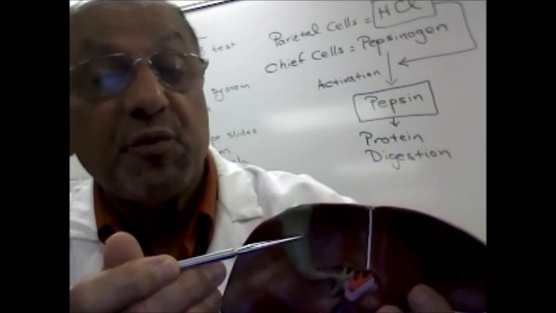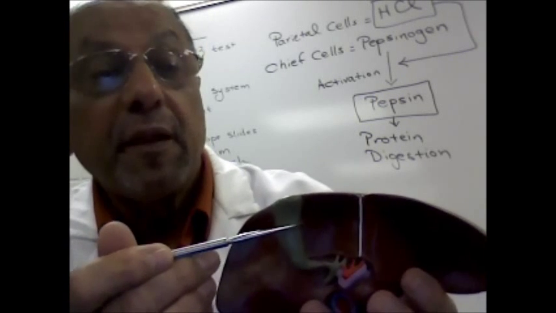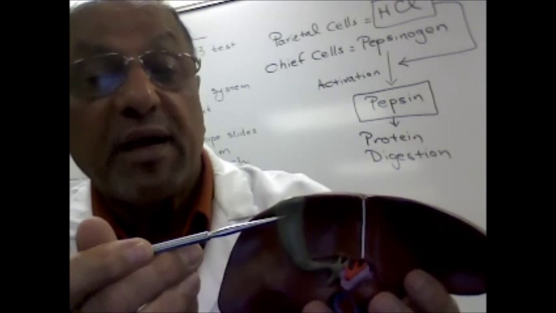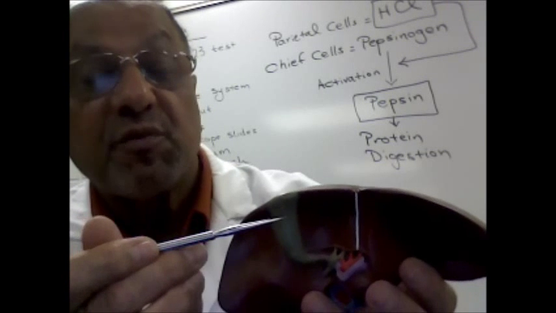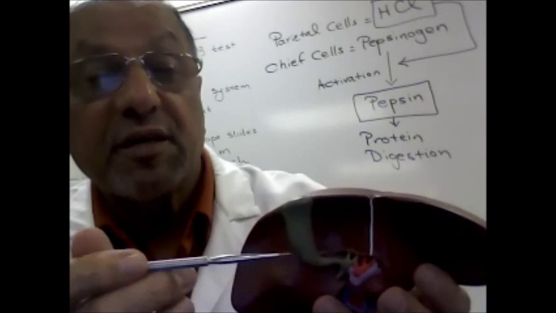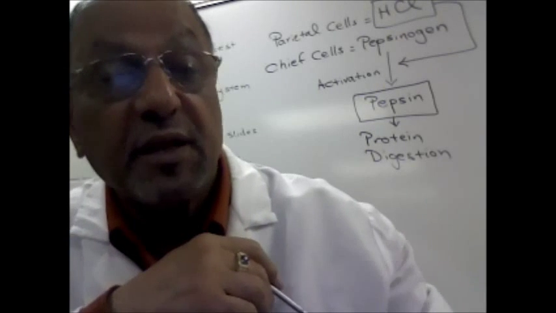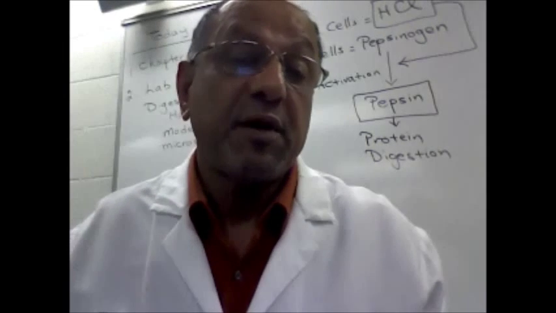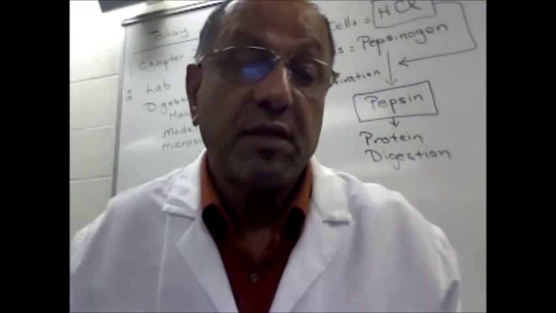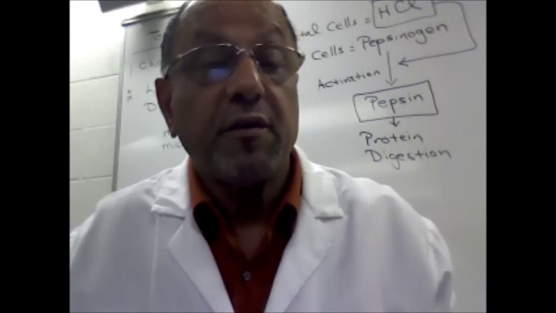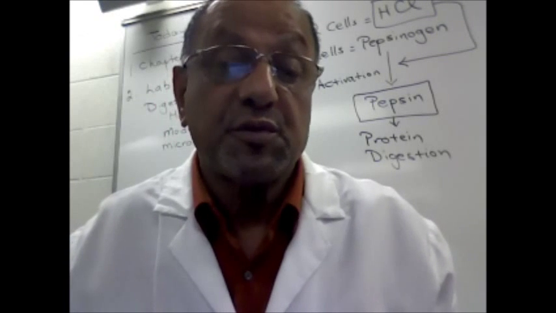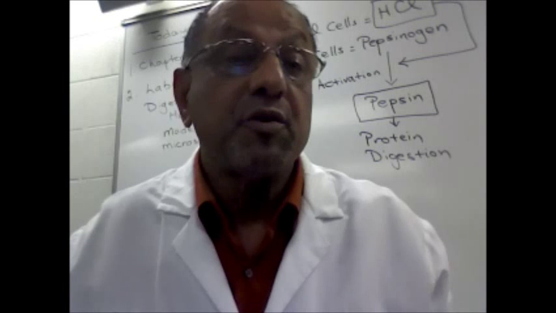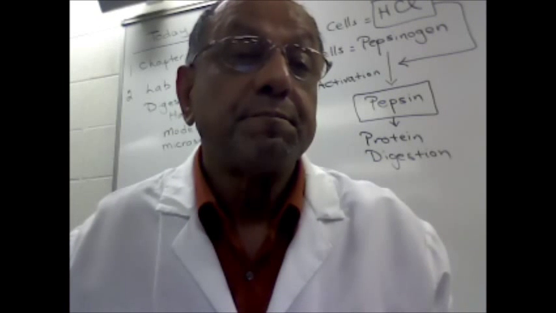The bile is produced by the liver, and it's stored in the gallbladder, and then it will pass from the gallbladder through the bile duct to the duodenum, like we mentioned earlier. So these are some of the parts of the digestive system that we can learn from using the human torso.